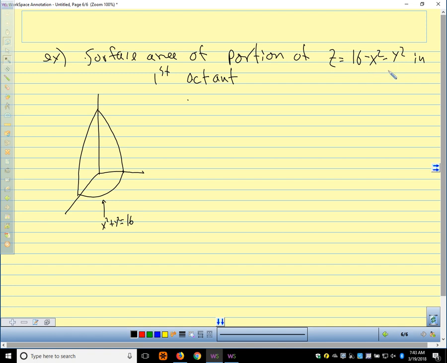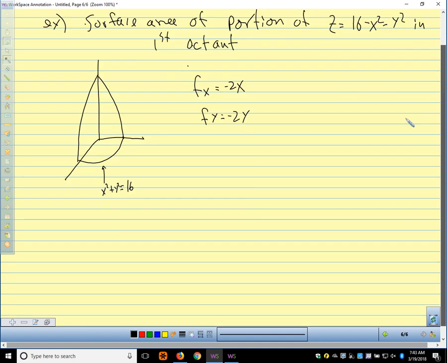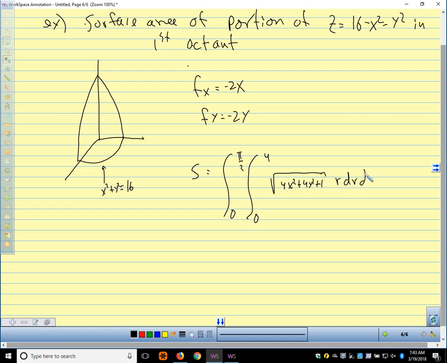This is our function, z equals f of xy. So f sub x is minus 2x, f sub y is minus 2y. And our surface area integral is going to be the integral from 0 to pi over 2 in the first octant, 0 to 4 for our radius, and we have square root of 4x squared plus 4y squared plus 1, r dr d theta.